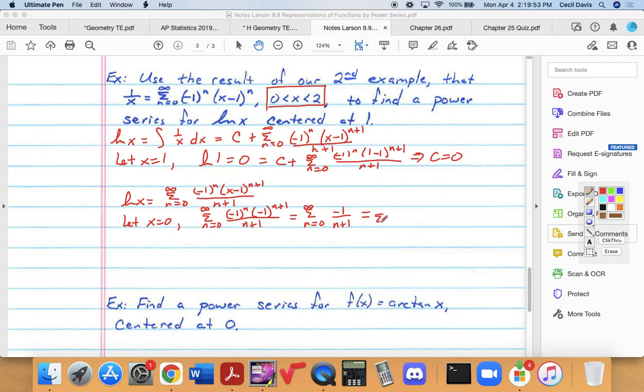This is equal to, let's factor out the negative, -1 times the summation as n goes from 0 to infinity of 1 over n plus 1.